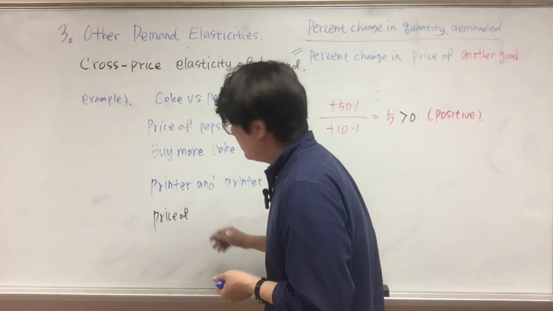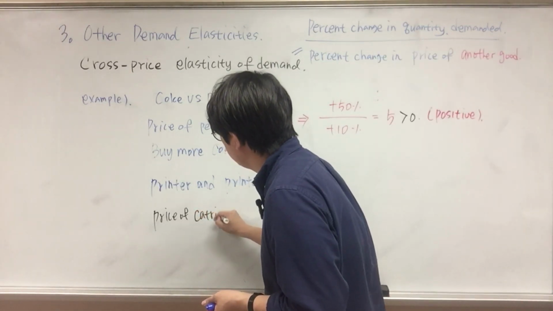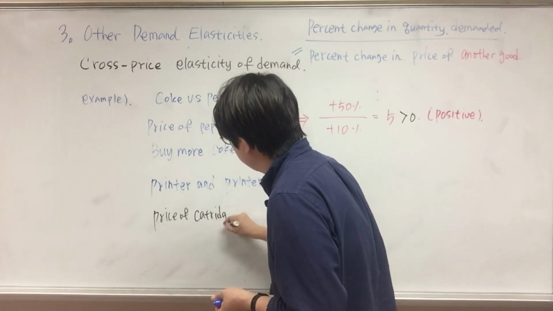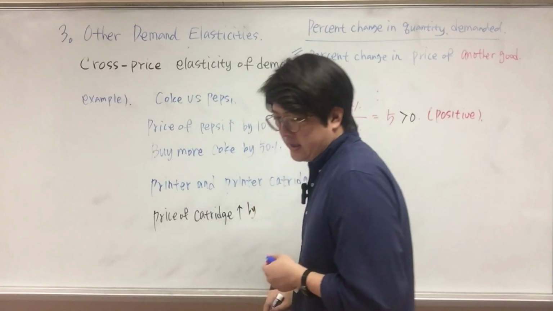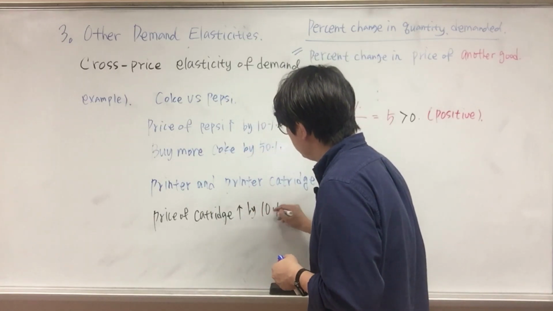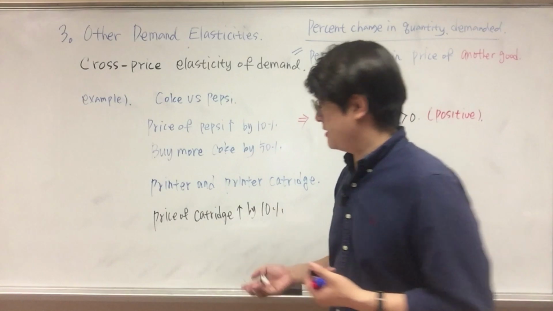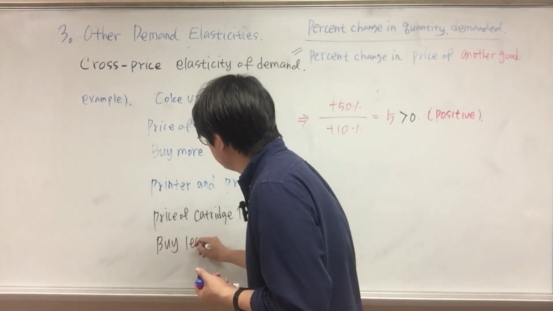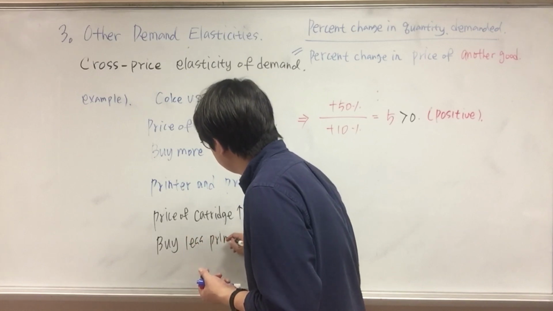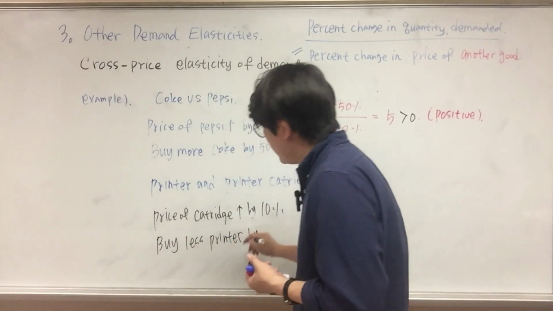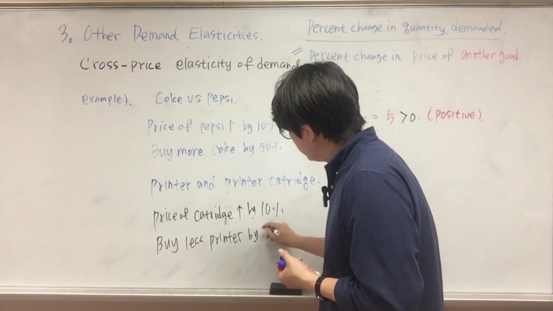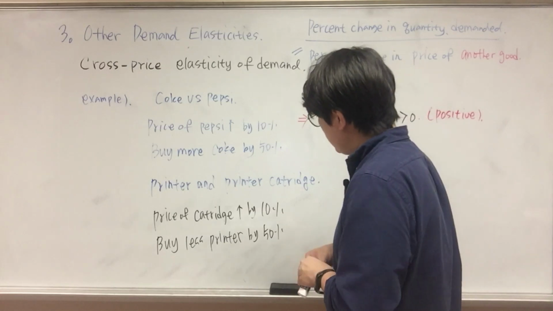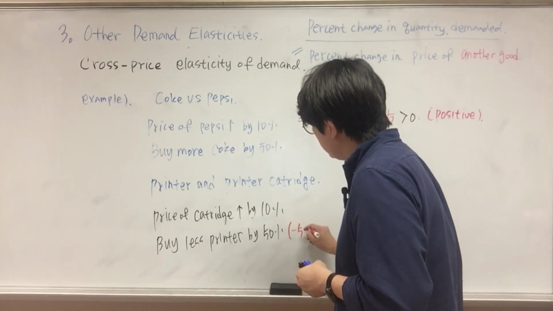So if the printer cartridge price increases by 10%, you will buy fewer printers, by let's say 50%. So in this case, here is the minus 50%.